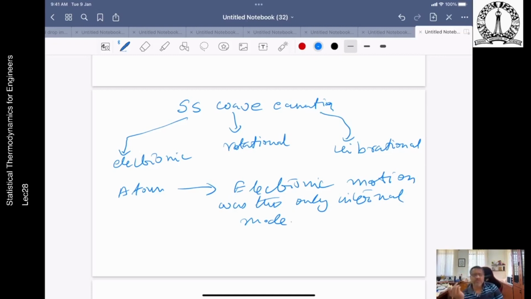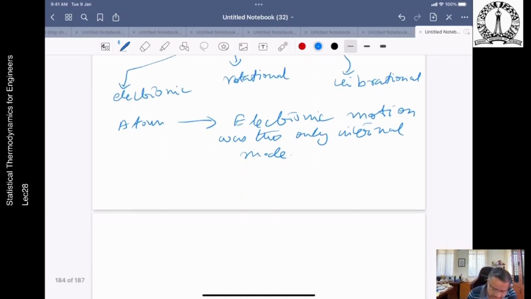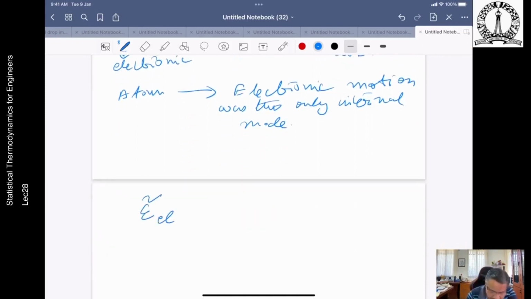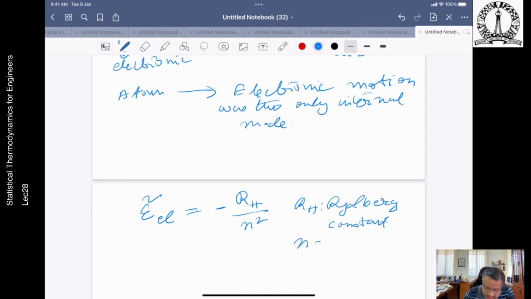If we consider the electronic energies for the hydrogen atom, it was minus RH by n squared, where RH was the Rydberg constant, and the zero of the energy is when n is equal to 1.